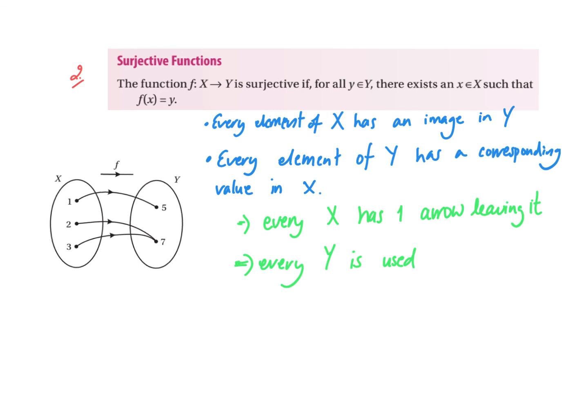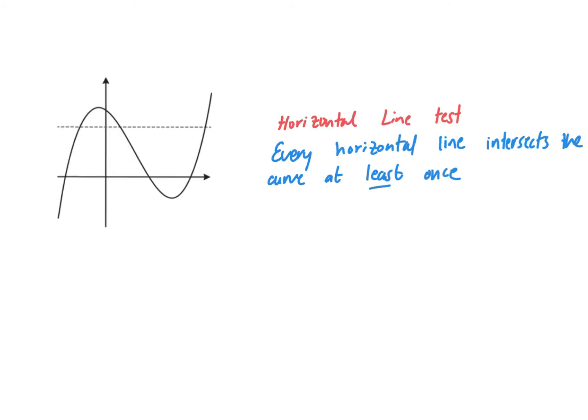If it doesn't get used, then it is not surjective. So there's another horizontal line test for this, and in order to be surjective, every horizontal line must intersect the curve at least once. So at least once. Remember, for injective, it could only do it once. For surjective, at least once.